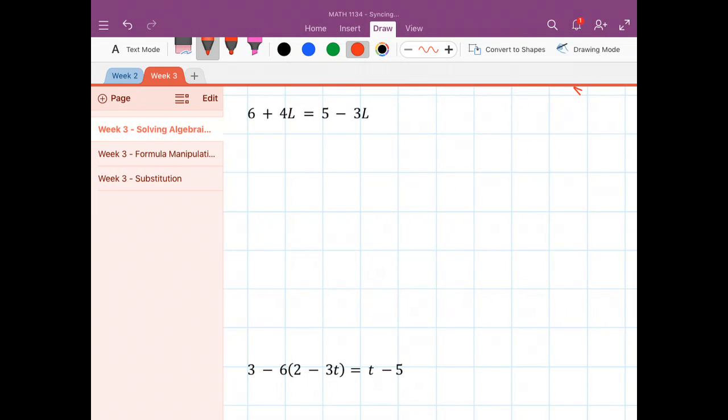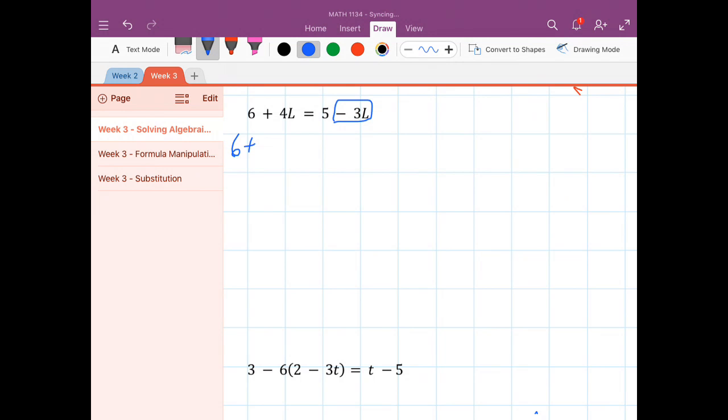Okay, let's try another one. So this one doesn't have any brackets, but I still want to get all the letters to one side and the numbers to the other. So I'm going to bring this negative 3L, I want to bring it to the other side. So I'm going to add 3L to each side.